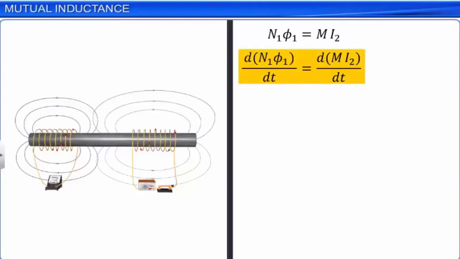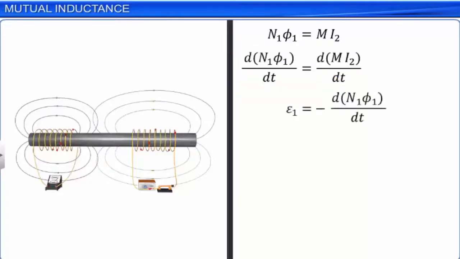The EMF induced in coil C1 is given by E1 is equal to minus d(N1 Phi1) by dt. This implies that E1 is equal to minus M dI2 by dt. Remember, only flux and current change. Hence, M is a constant. This equation shows that a varying current in a coil can induce EMF in a neighboring coil.